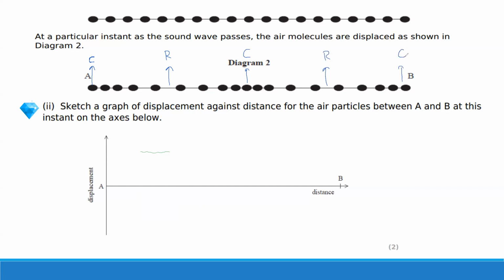So on this graph, there's going to be 3 compressions and 2 rarefactions. It's going to start with a compression. My question is, in a compression, what's the displacement? In a rarefaction, what's the displacement? So I guess that's almost zero. That's my clue. And then how would it look in between?